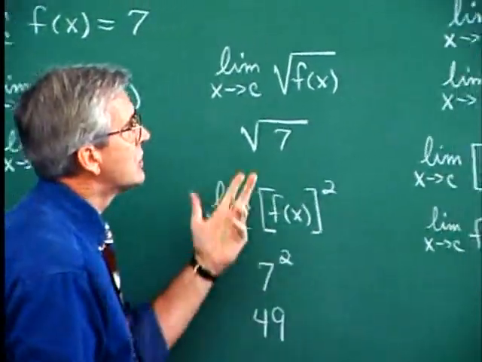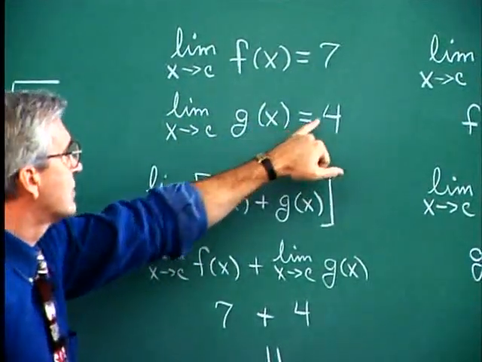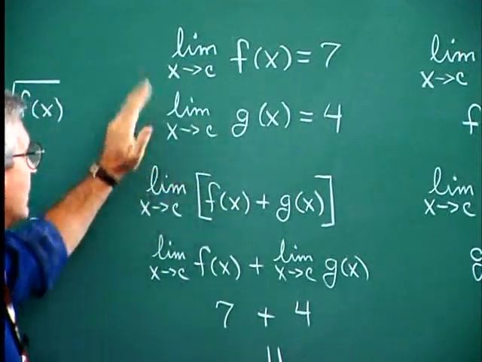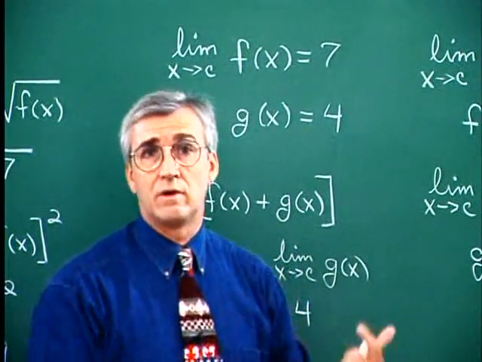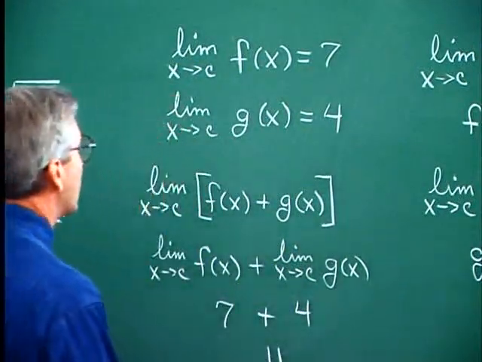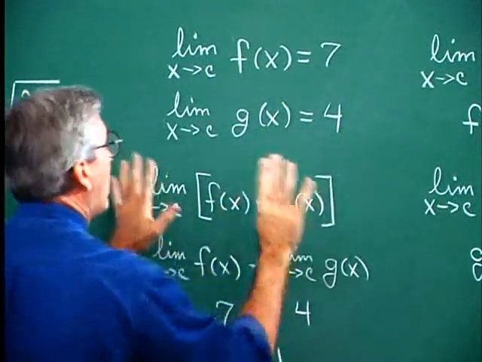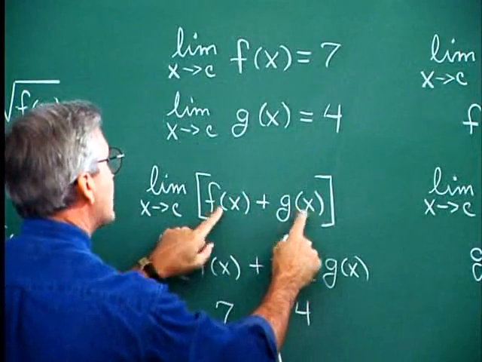Here's some more. Suppose the limit of f of x is 7, the limit of g of x is 4, and I'm not saying as x approaches c every single time. Let's make that assumption, because it's very repetitive to have to say it all the time. Now, what about the limit as x approaches c of f of x plus g of x?